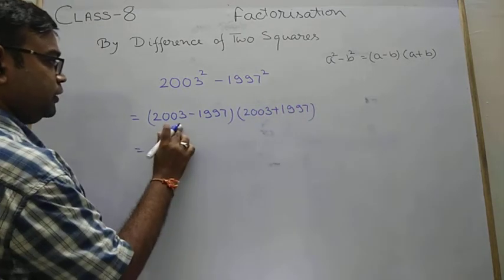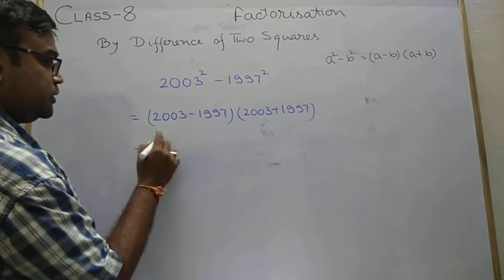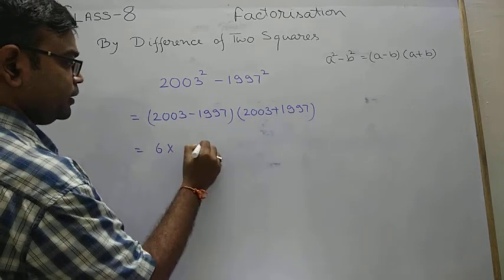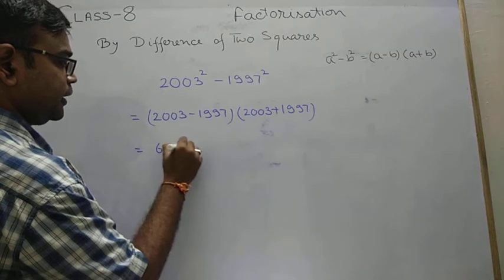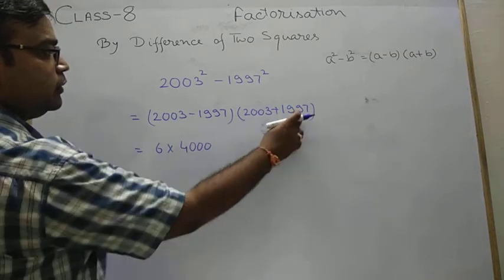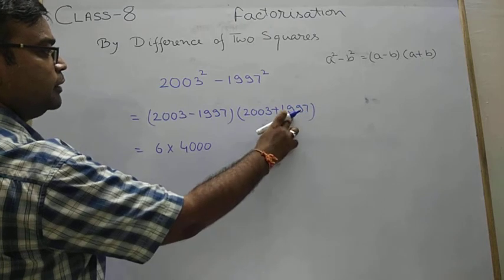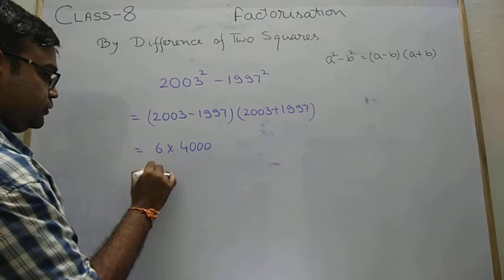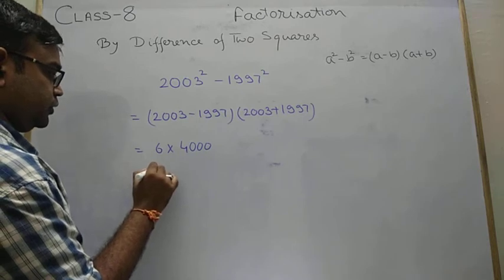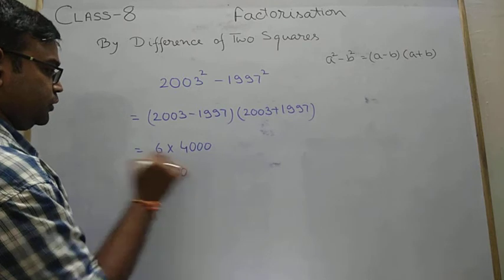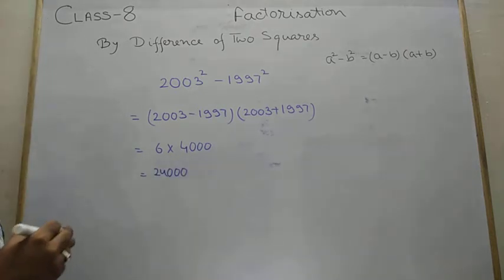When we find this minus this it is 6, into this plus this, which is 4000. Then 6 times 4000 is 24,000. The value of this is 24,000.